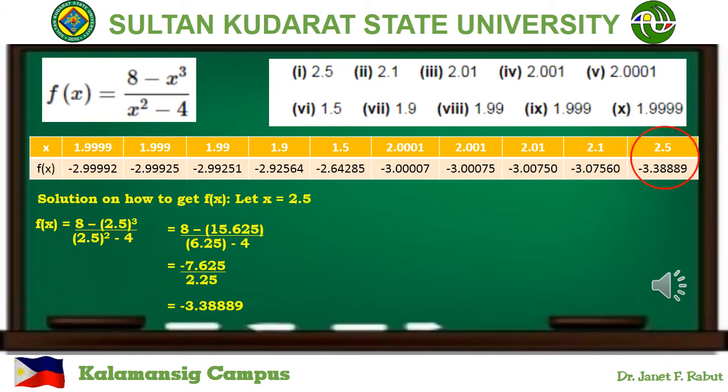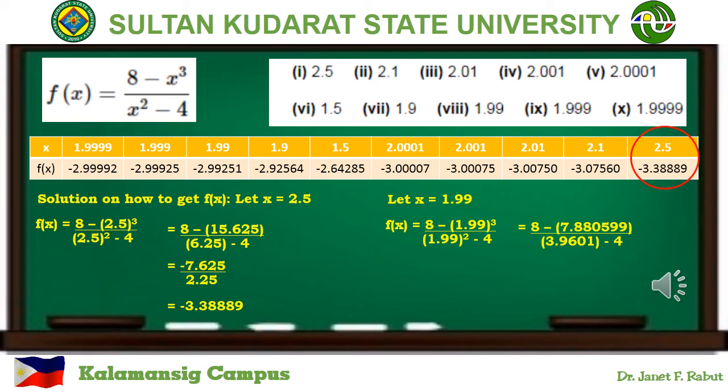Another example, if our x is 1.99, so from the original function again, which is f(x) = (8 - x^3) / (x^2 - 4), I am going to plug in the value of our x, which is 1.99. So I have here f(x) = (8 - 1.99^3) / (1.99^2 - 4). So it is equal to 8 minus 7.880599.